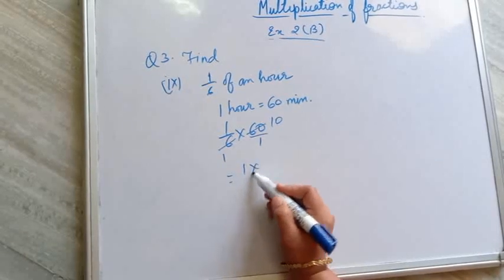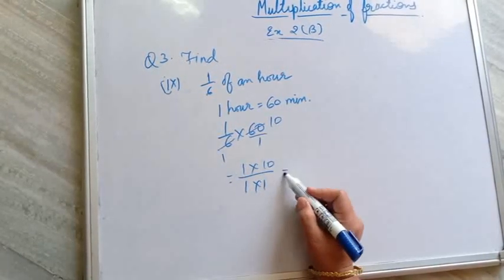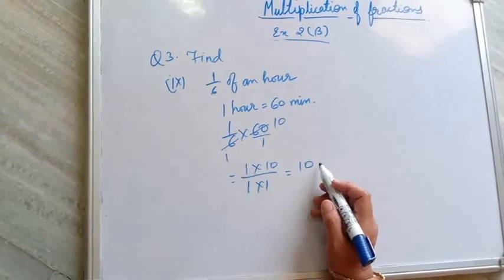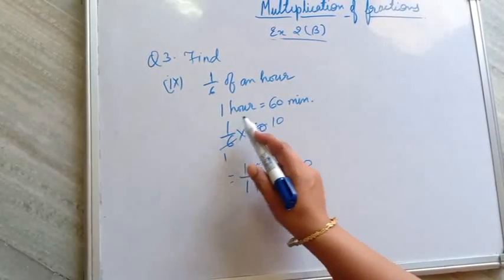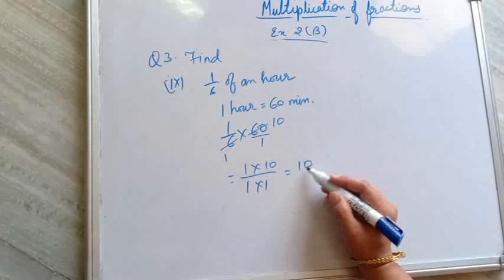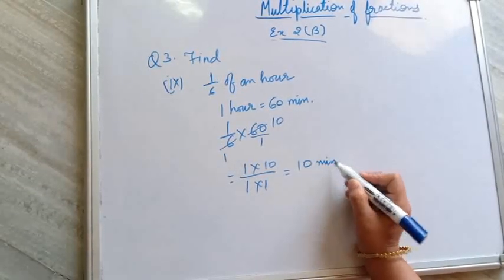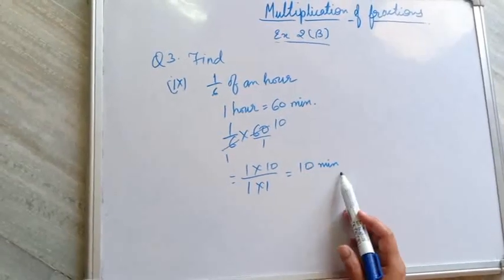So 1 into 10 and in denominator 1 into 1. That is 1 into 10 will be 10. 10 upon 1, that is 10. So 1 upon 6 of an hour, and in place of 1 hour we have written 60 minutes. So answer will also be in minutes. So 1 by 6 of an hour is equal to 10 minutes.